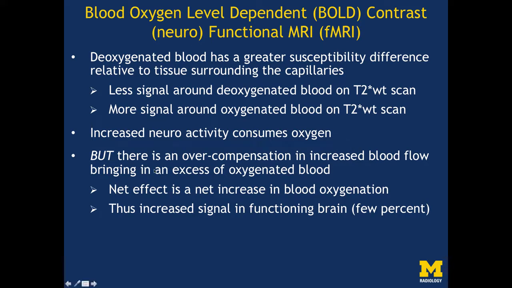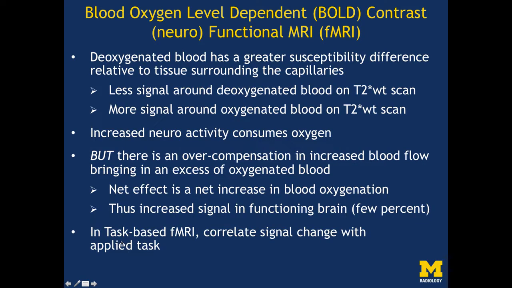So the net effect is you have increased blood flow. Yes, you have increased consumption of oxygen, but the net effect is you have an increased signal in a functioning brain doing that task. It's just a few percent, but if you correlate these signal changes in the brain to the task that you're stepping that brain through, you can extract signal that is related to that function.